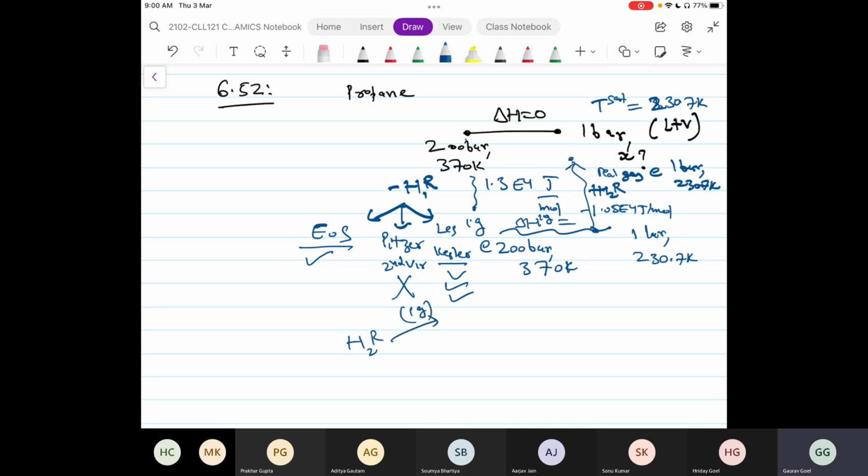Because the pressure is low, you can say I will say this is just an ideal gas. Or you can use Lee-Kesler or Pitzer second virial. Okay, because the pressure is low, Pitzer second virial also would be accurate. Of course, if you take it to be ideal gas, it would be 0. If you use Lee-Kesler or Pitzer second virial, you will get a non-zero value.